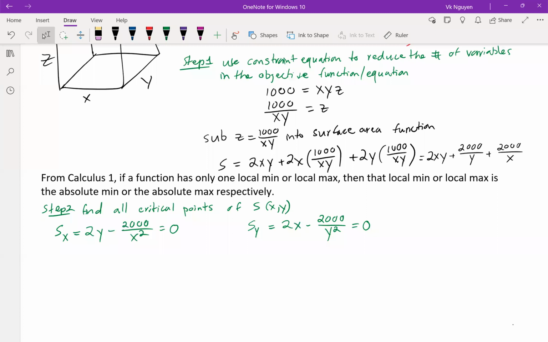Here 2y is 2000 over x squared, so y equals 1000 over x squared.